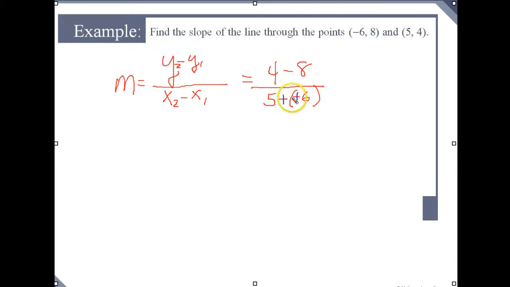So it's two negatives make this the positive. So we have then in our numerator a negative 4, and in our denominator an 11. So our slope here will be a negative 4/11.